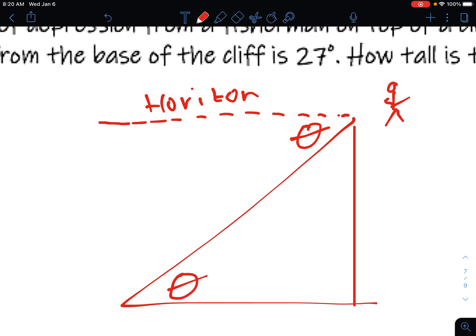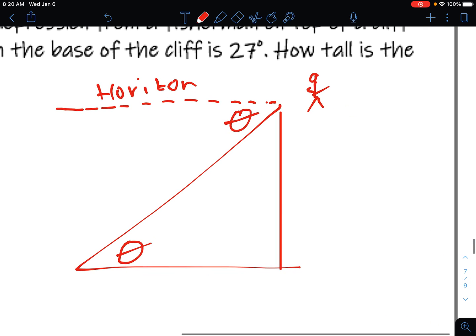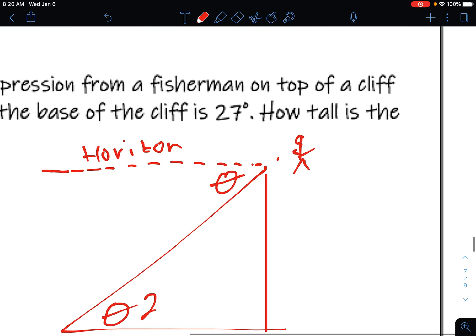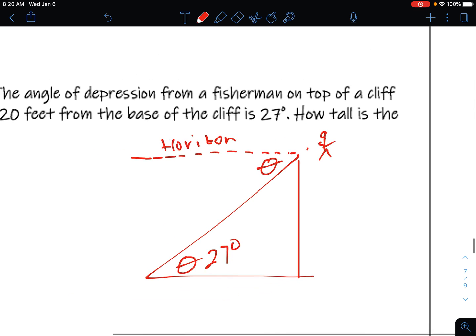The elevation and depression are going to be the same angle. So if I'm standing up on top of a hill looking down at you, that's the same angle of depression as the angle of elevation from you looking up at me. So I would personally put the 27 degrees down on the bottom there, right?